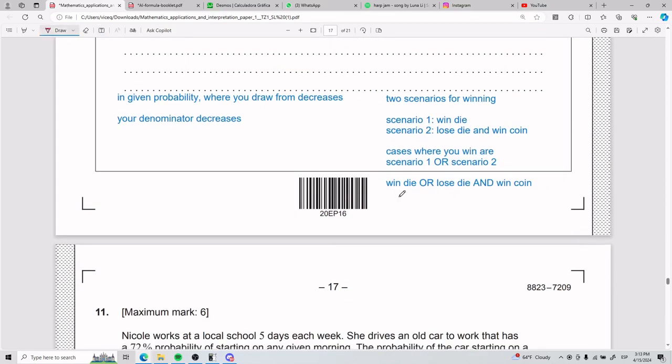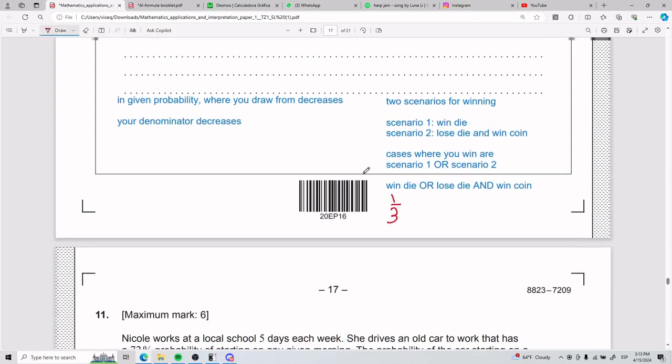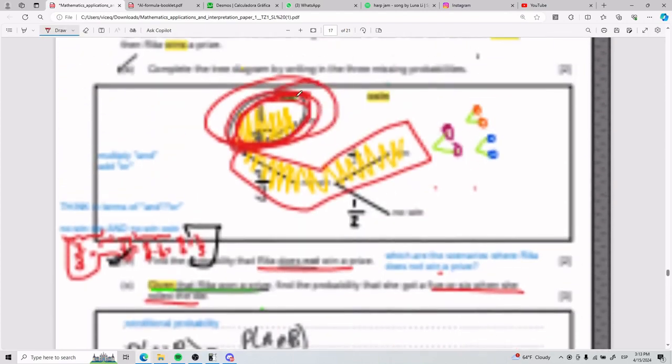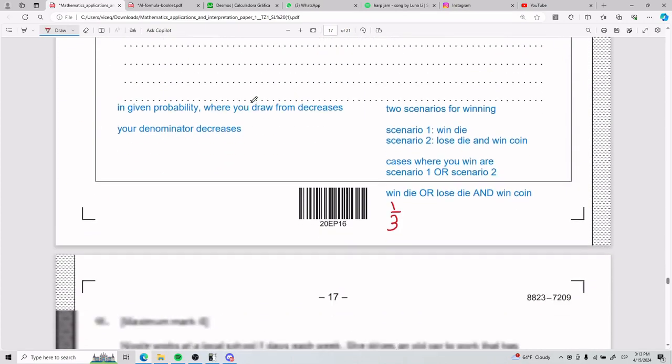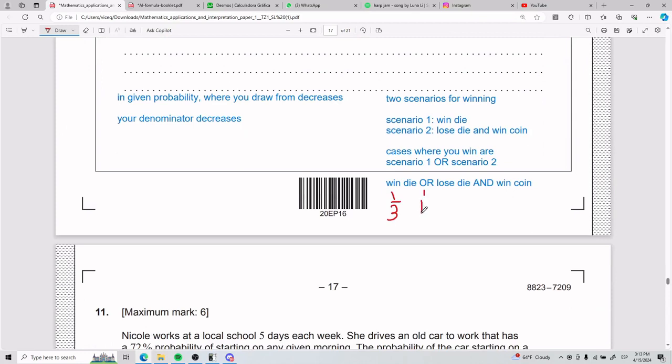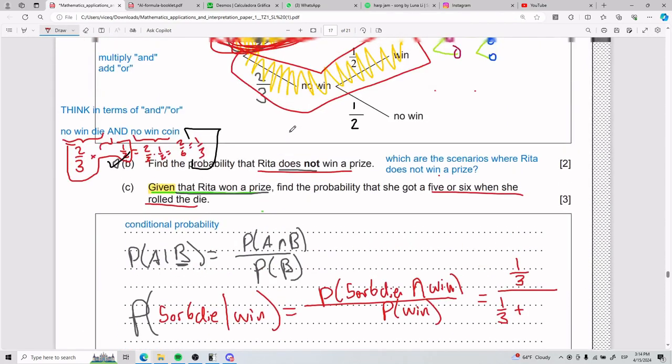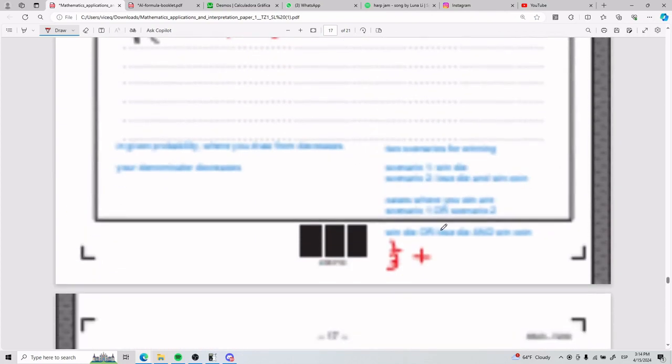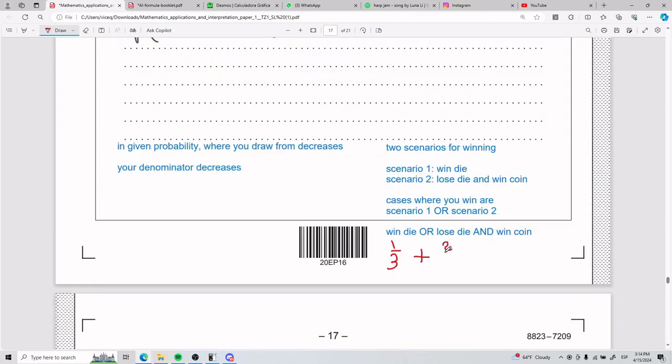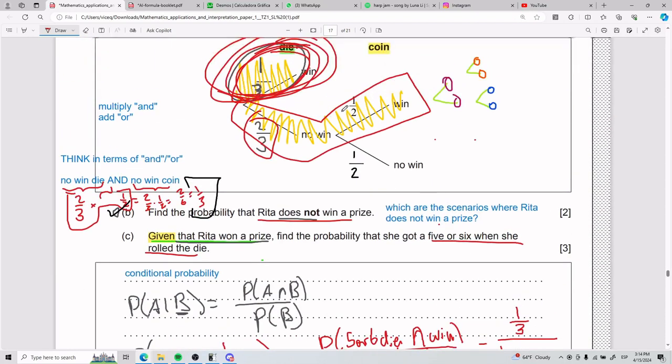In other words, win die is 1/3, because it's the one up here, right? This 1/3. Or, it's going to give you the plus. Lose die, so lose die is 2/3. And, so it's times win coin. Win coin, 1/2.